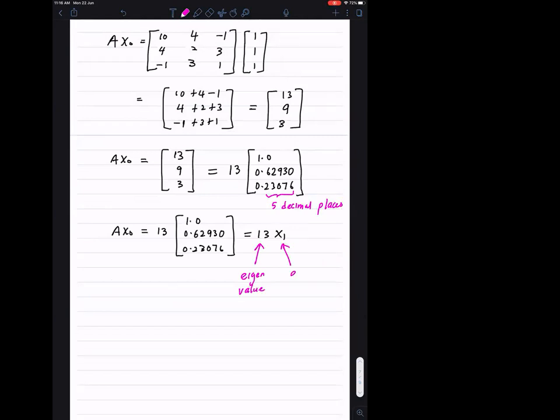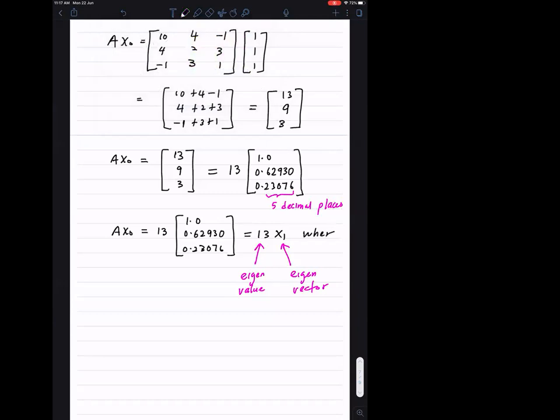This is the eigenvector, but these are not correct. You have to do many, many iterations. You have to keep on doing until you see that your eigenvector is converging to specific values. When they don't change anymore, then you can conclude that you have obtained the eigenvalue and eigenvectors. We will see how to do that.